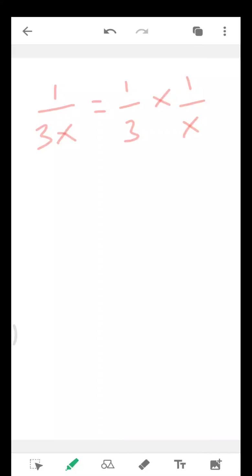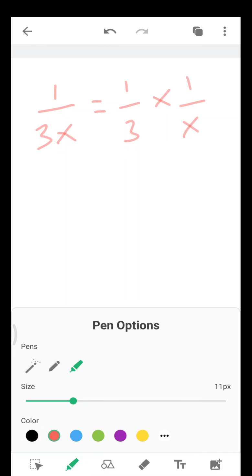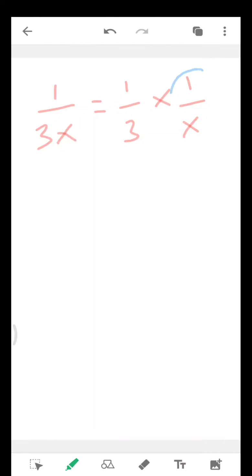And in place of this 1 by x, if I assume some other alphabet, say u, or I can assume it as p, that doesn't matter.